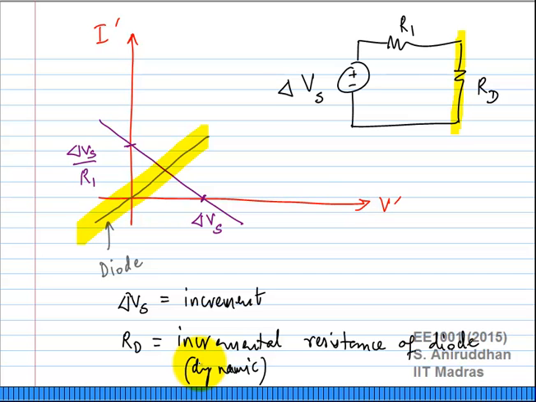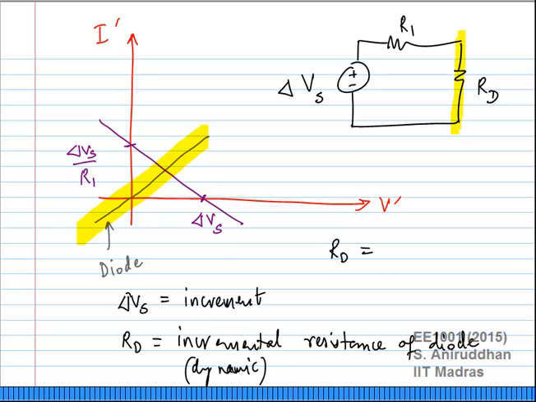Okay. What is this Rd here? What will be the slope of this line? The slope of this line for any resistor, what is it?